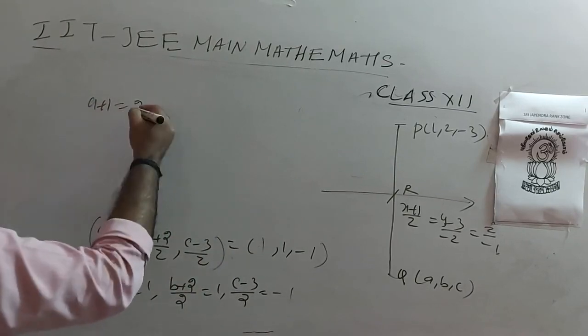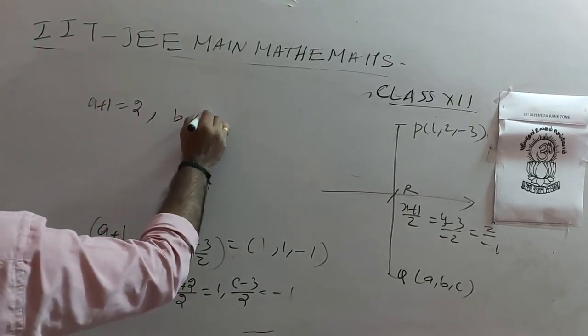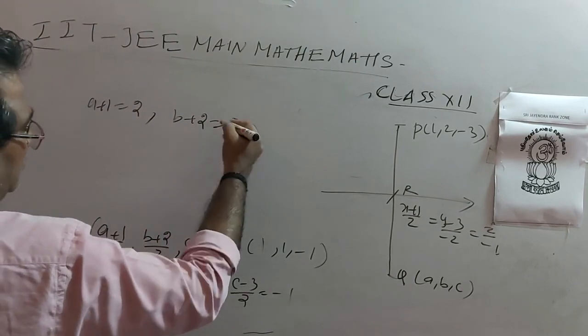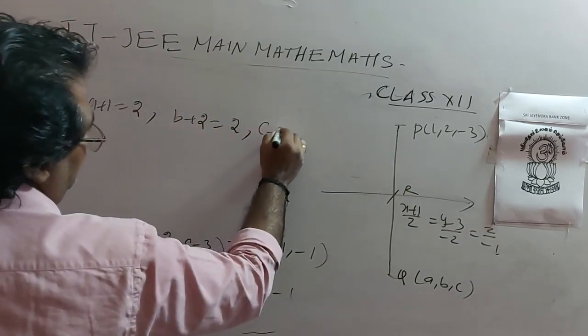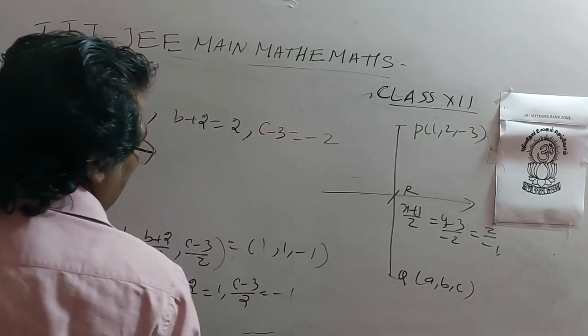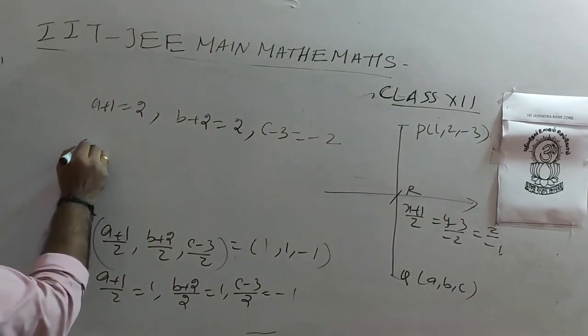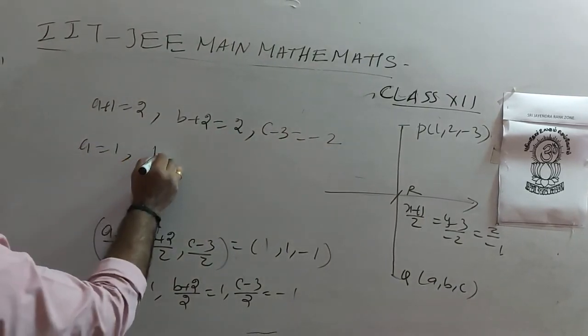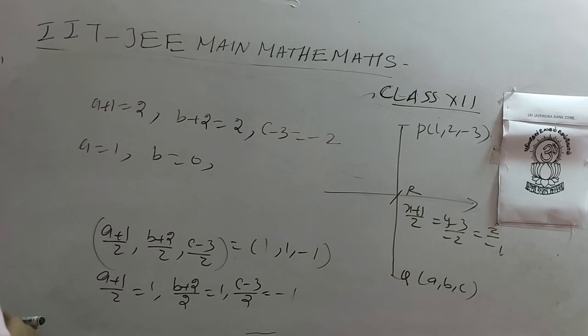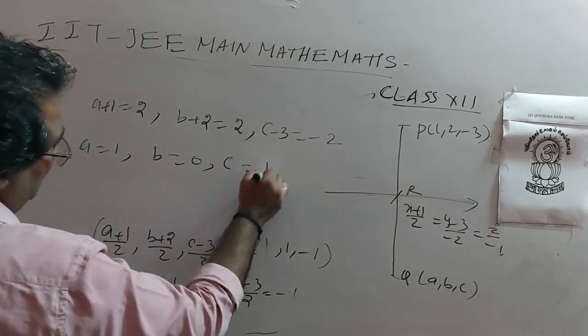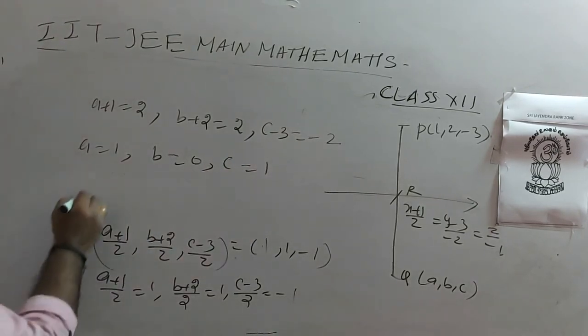So a + 1 equal to 0... b + 2 equal to 2, c - 3 equal to -2. So a equal to -1... b equal to 0, c equal to 1.